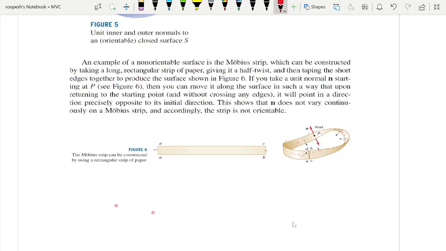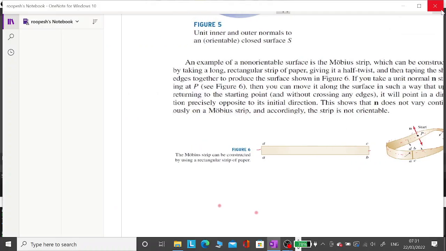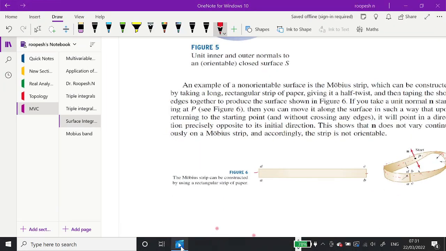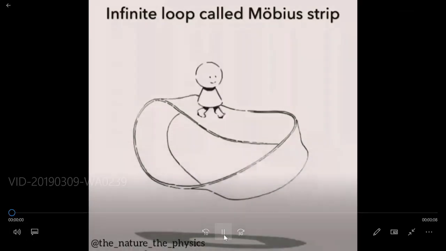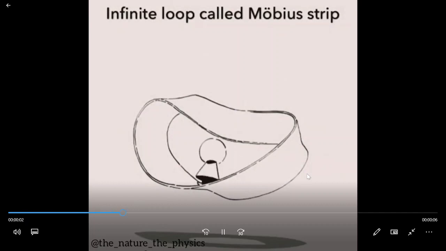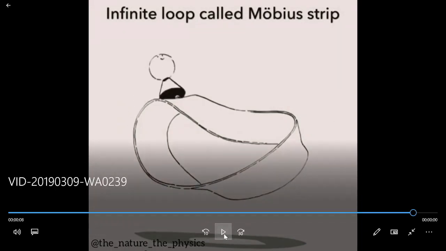Okay, let us see one short video of this. Here the man is walking around the Mobius strip. He is starting from this direction.